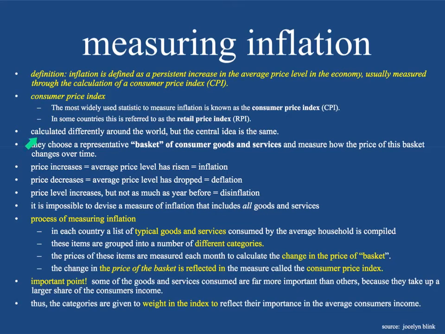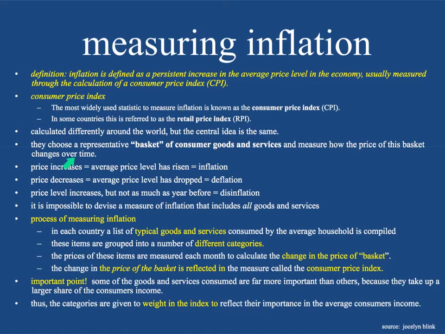All right. So it's actually calculated differently around the world, but the central idea is the same. Here's what happens. A central government or some sort of agency of any government chooses a representative, quote, basket of consumer goods and services and measures how the price of this basket changes over time. It's super easy.